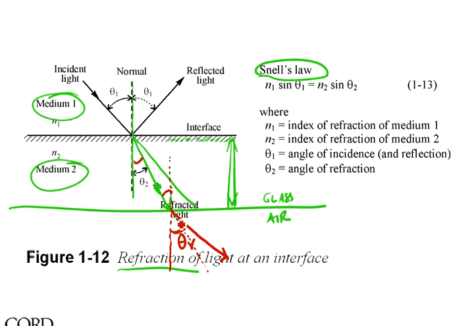You follow me? And actually, you're going to do this in the lab too, another experiment. You will find out that this ray here and this ray here coming out, they're going to be parallel.